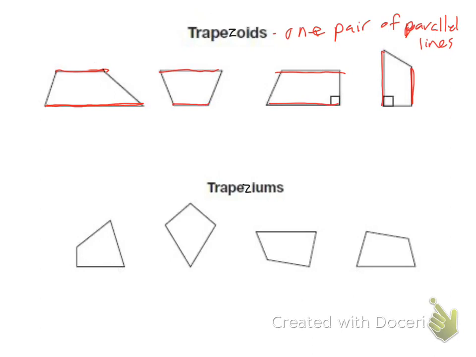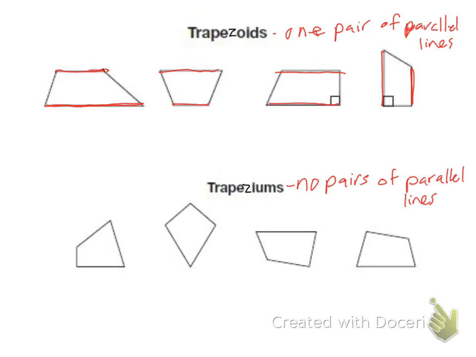Now, some quadrilaterals have no parallel sides, and we call those trapeziums. Trapeziums means no pairs of parallel lines. I spelled parallel wrong.